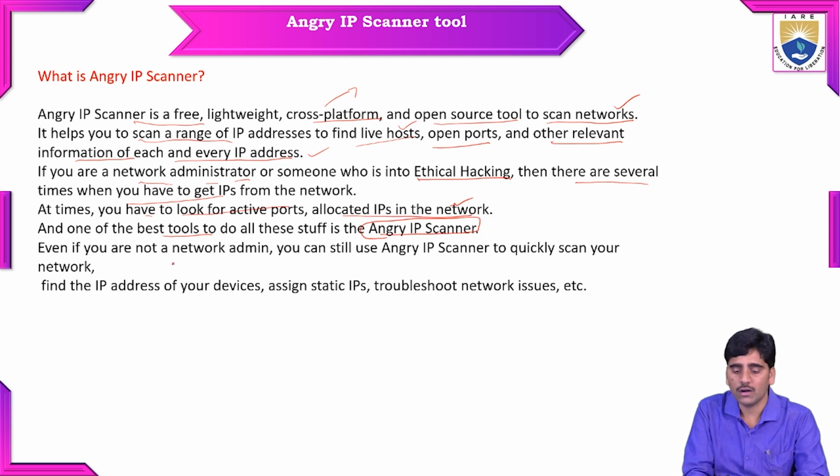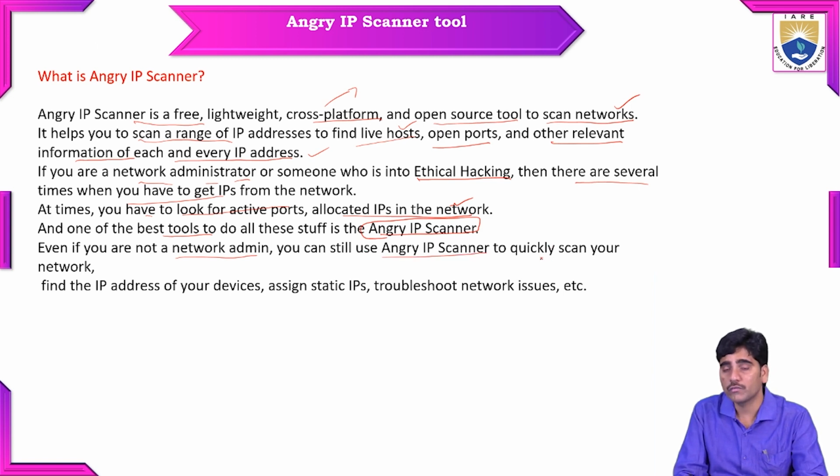Even if you are not a network admin, you can still use the Angry IP Scanner tool to quickly scan your network, find the IP addresses of your devices, assign static IPs, and troubleshoot network issues related to IP addresses.